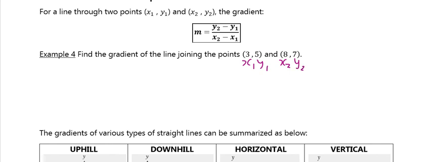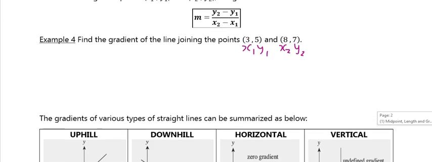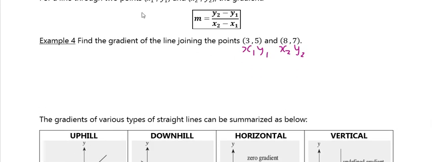Now, unlike the previous formula, gradient is basically a measurement of the steepness of a line. So you can take any 2 points from the line as long as you get them from the line itself. So the point here is you can have any points on the line.